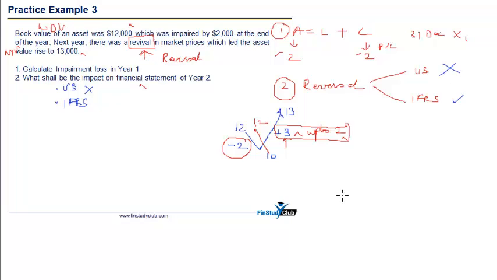So A is equal to L plus C in the second year: your asset will go up by 2 only, and your P&L account will go up by 2 only. Okay, so this is a key point here: I want to reverse it or jack it up by 3, but I'm limited by the maximum potential of 2, which is the written down portion.